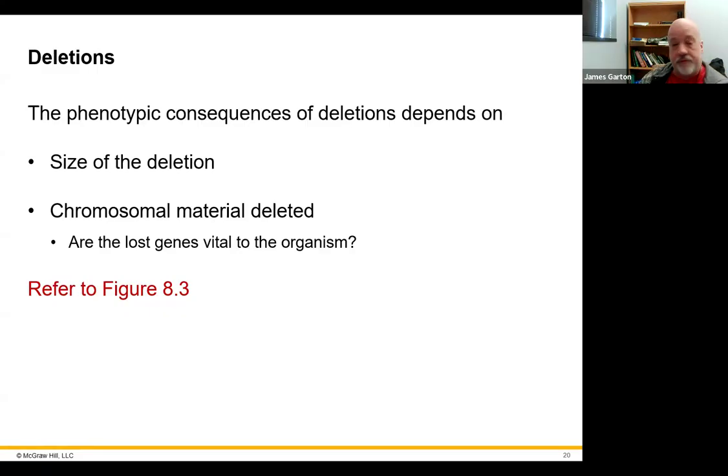In the case of deletions, well, some of the genes you have are vital. You must have them in order to survive. They encode proteins that are very important metabolically. If those genes are deleted, that's not likely to result in any kind of positive effect.